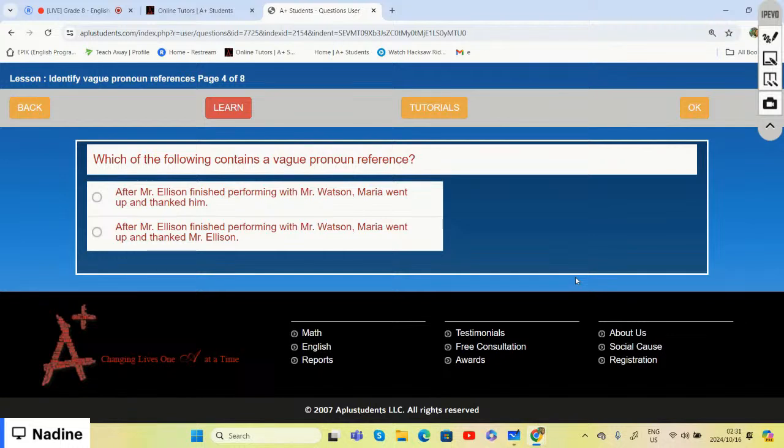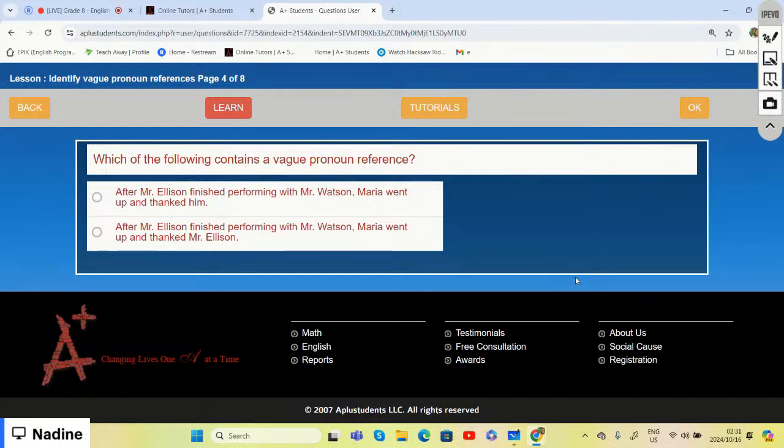All right. And it says after Mr. Ellison finished performing with Mr. Watson, Maria went up and thanked him. Or option 2, after Mr. Ellison finished performing with Mr. Watson, Maria went up and thanked Mr. Ellison.